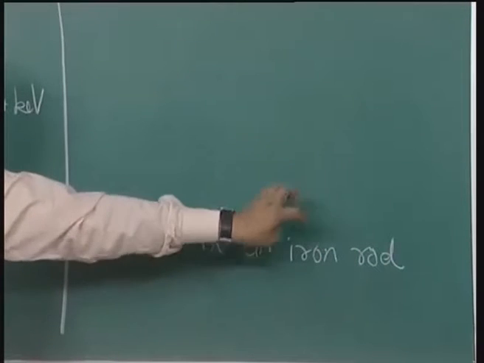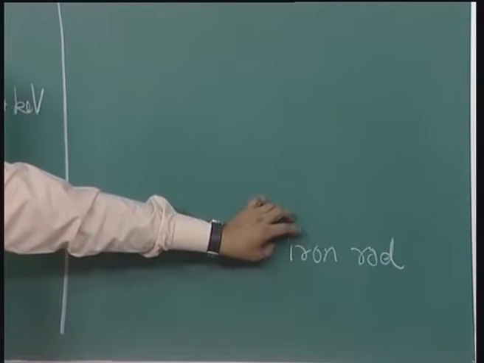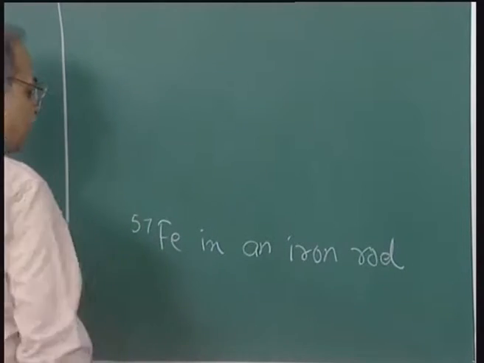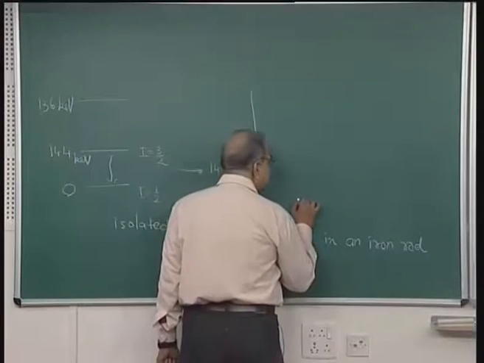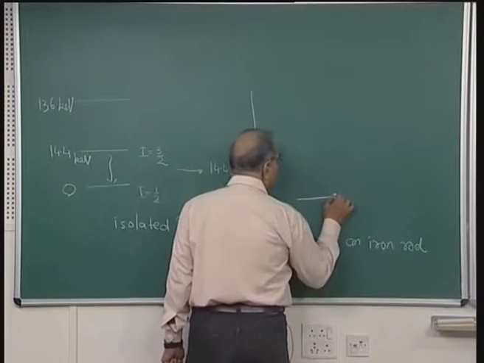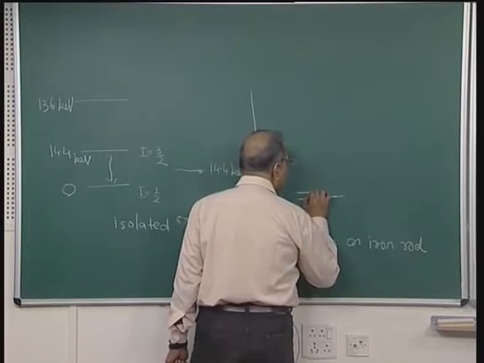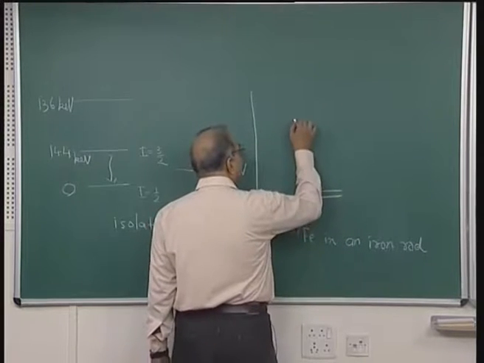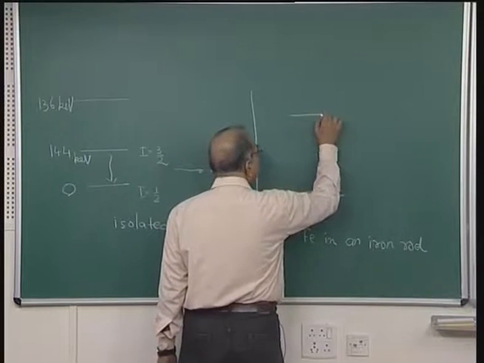Of course, about 2% of the iron that we have is this one, and the remaining 98% will be iron 56. So, what will be the level of this nucleus here? Here you will have two levels very close to each other, and then at 14.4 you will have 4 levels.